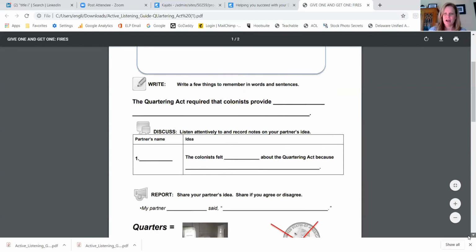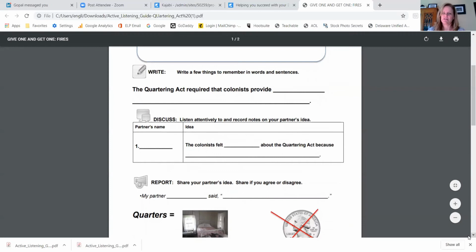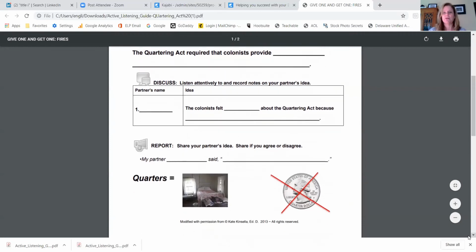Once the partners have time to discuss and talk and get their ideas down, then we move to report, where we do whole group share out or table share outs first, then whole group share outs. And this is where, again, we have repetition, repetition, repetition of the content and the language, making sure that when students are reporting out, they are using their sentence starters, they're using the right vocabulary, and they are sounding academic and sophisticated.